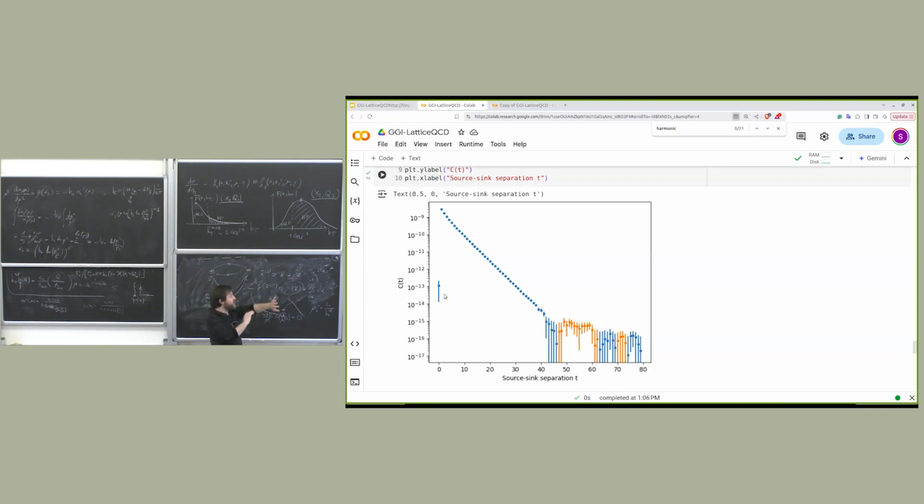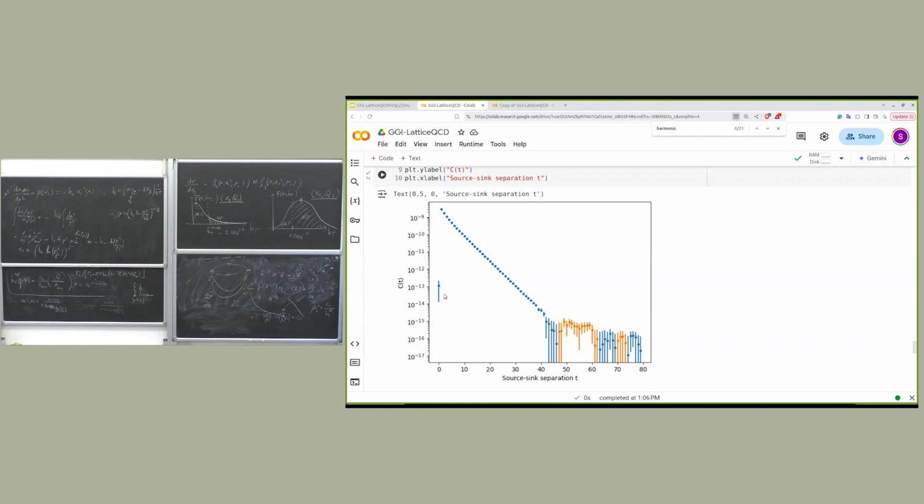So you're measuring something completely different. You're measuring the trace of the inverse of the Dirac operator but contracted in a specific way. You don't want to care about that. Your correlation function starts when you separate them. When you contract everything in the same point, it has a completely different meaning. But your correlation function starts after.